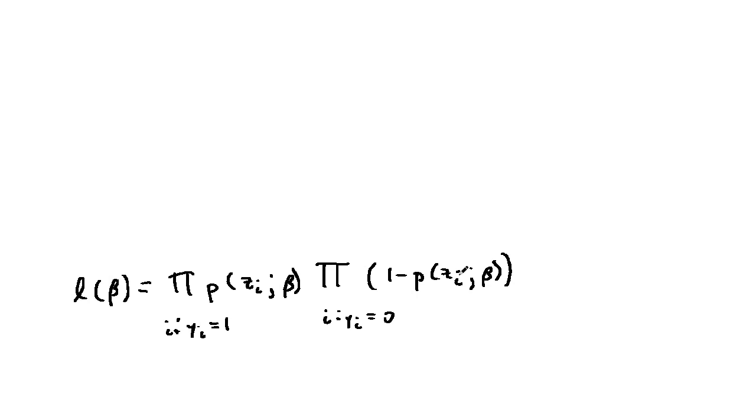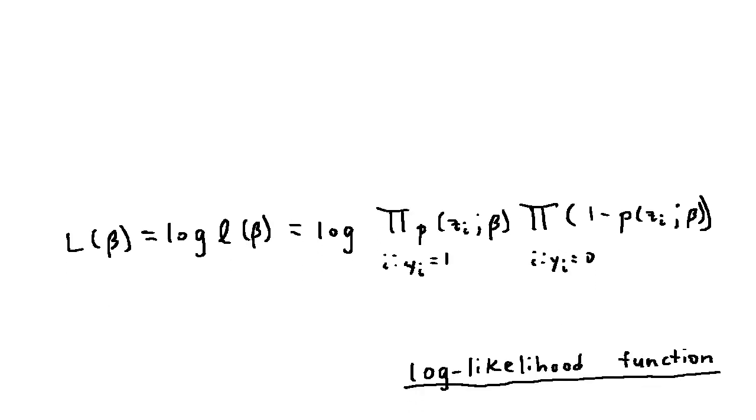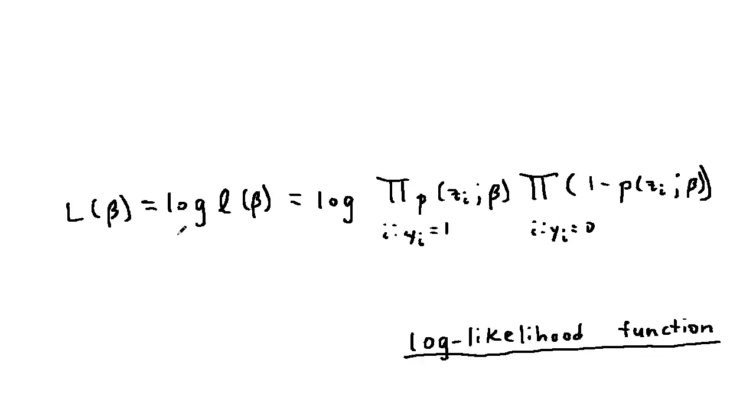Maximizing the likelihood function is the same as maximizing the log of the likelihood function. Okay, so let capital L of beta be the log of little l of beta, which is the log of this product. Okay, this is called the log likelihood function.